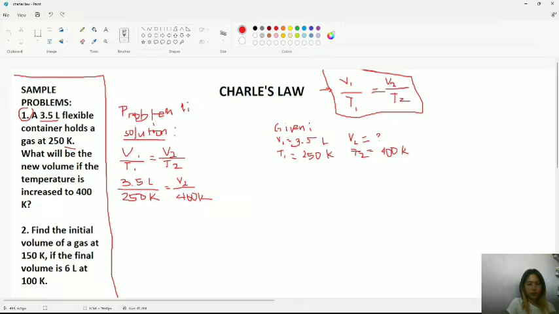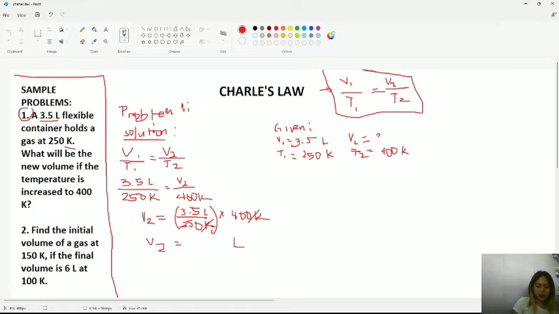Okay, we write V2 here and multiply 3.5 liters over 250 Kelvin equals to 400, times 400 Kelvin, because we need to cancel out the same units, so that liters remain. Solve. Again, you can use the shift solve method on your calculator to make it easier.